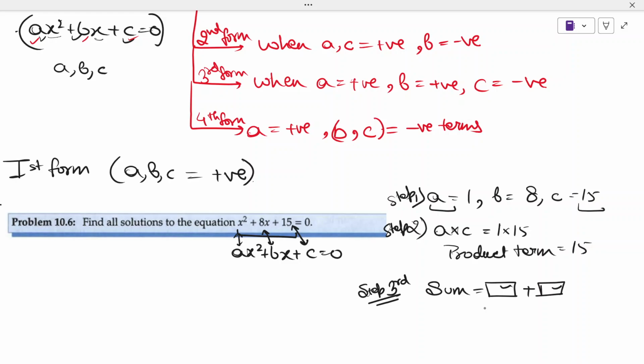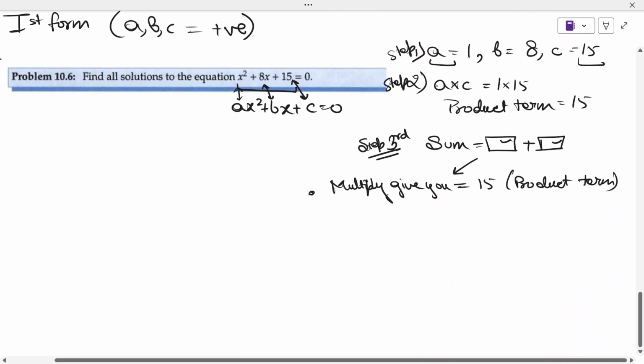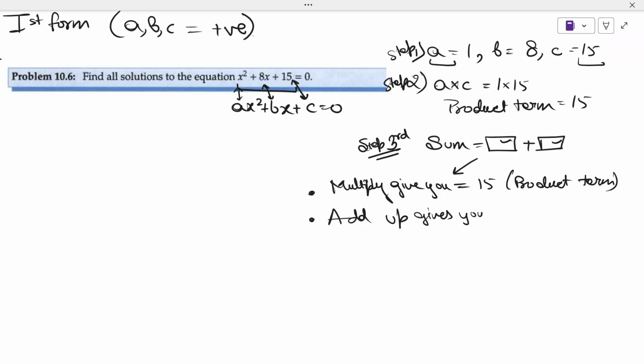Sum is the addition of two numbers in such a way that their multiplication gives you 15, the product term, and their addition gives you 8, the middle term.